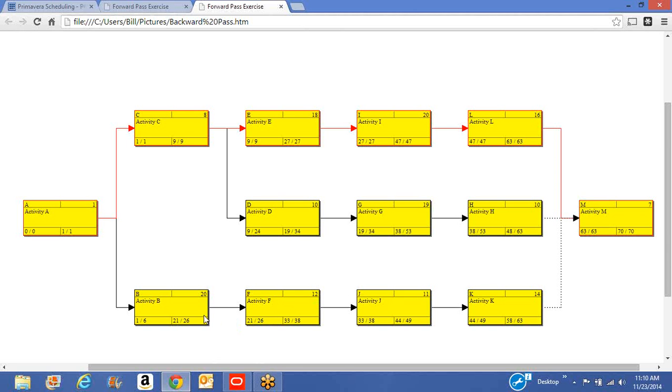We subtract 20 from 26, we get 6. Again, there's a difference of 6 on the backwards pass versus 1 on the forward pass, so we have 5 days of float. This activity likewise merges back into the critical path, and so the smaller numbers take over here.